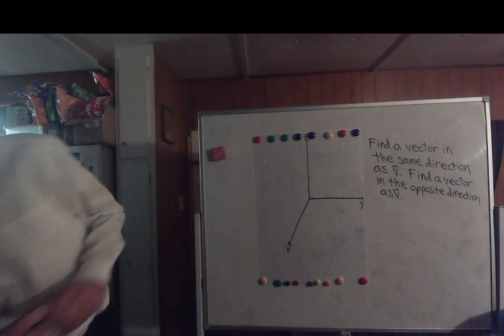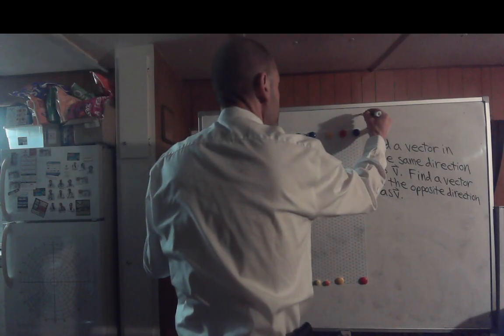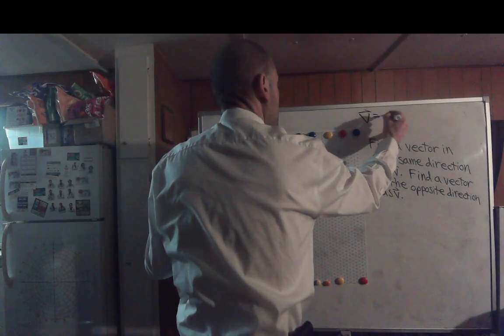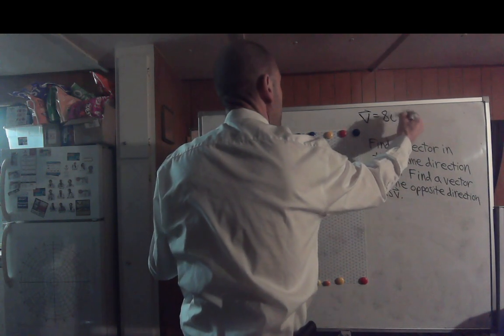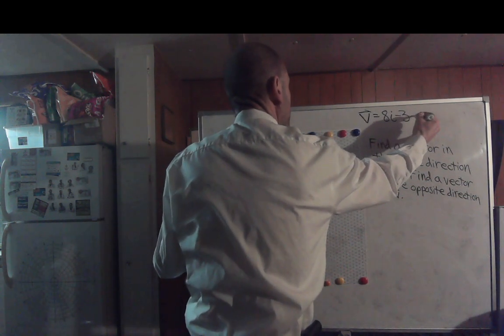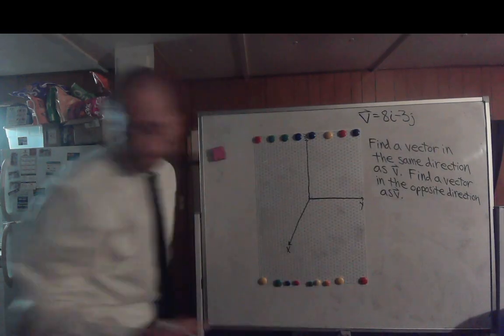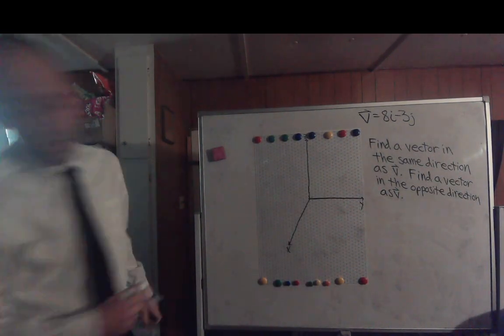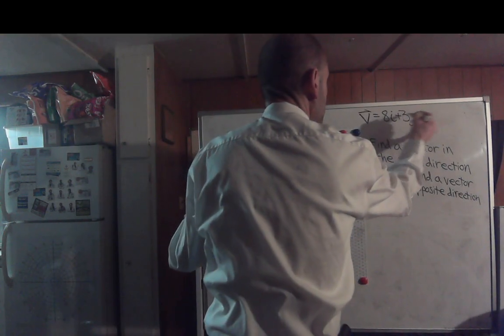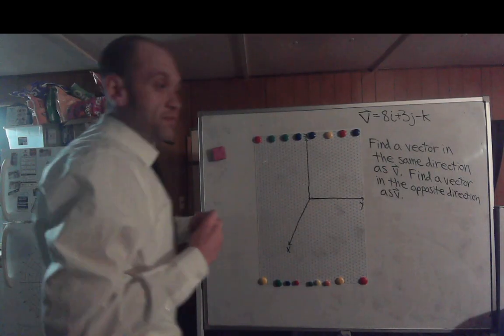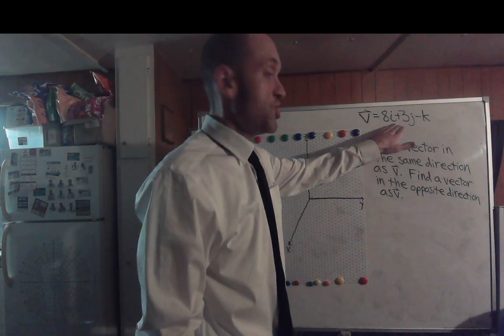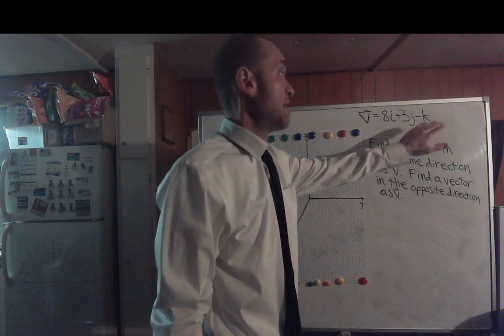Alright. Vector v equals, sorry, 8i plus 3j minus k. Vector v, again, a linear combination, 8i plus 3j minus k.